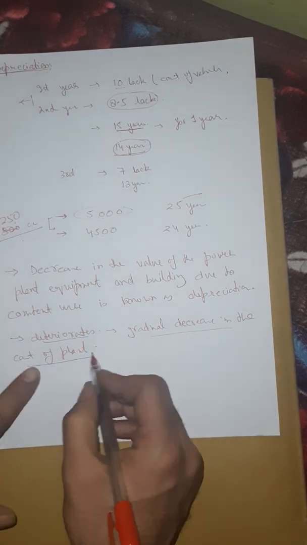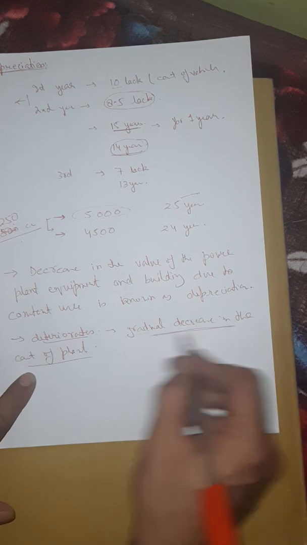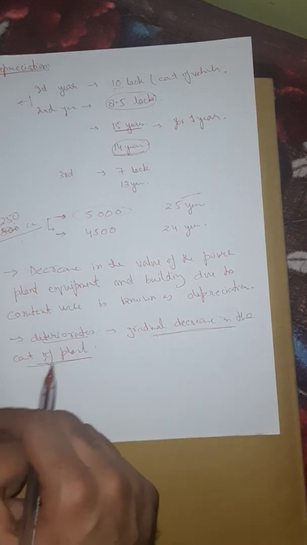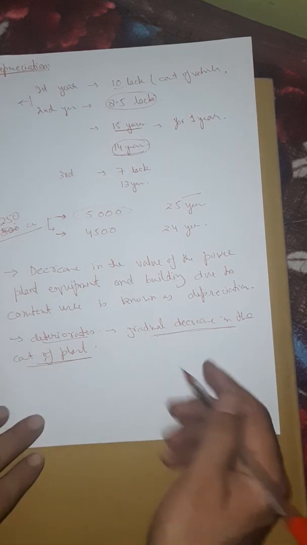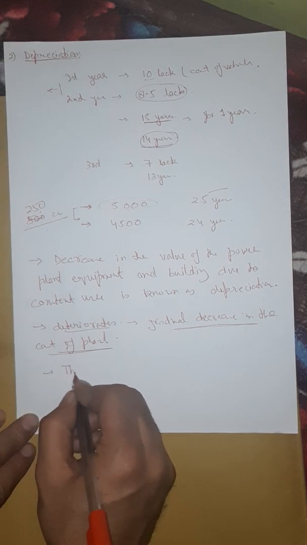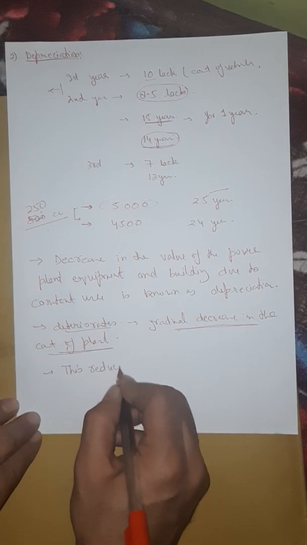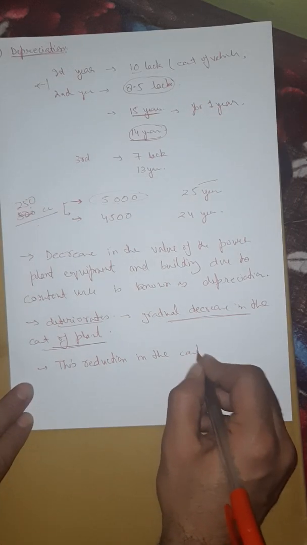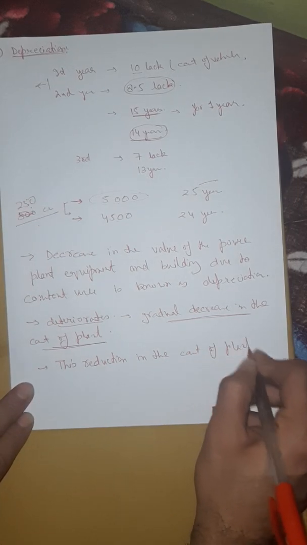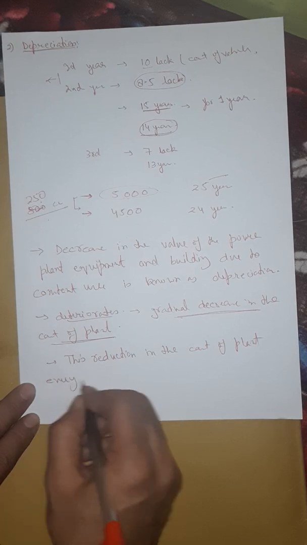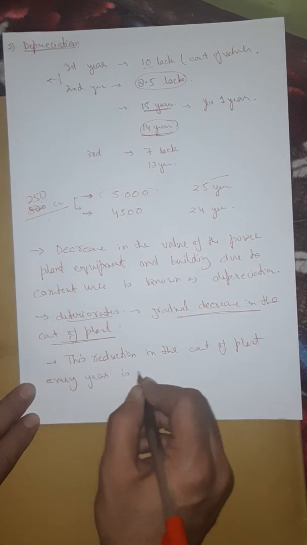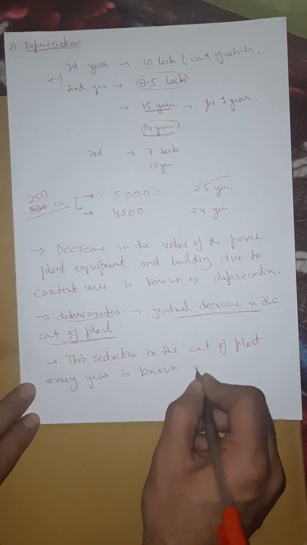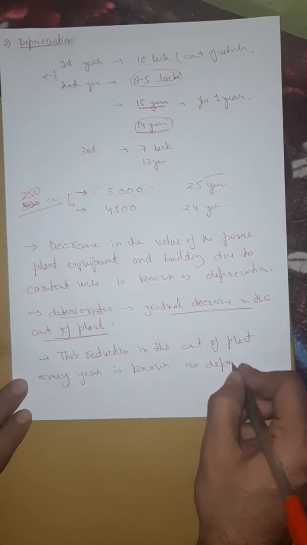Because of the deterioration of the equipment, due to wear and tear, there is a gradual decrease in the cost of the plant. So this reduction in the cost of the plant every year is known as depreciation.